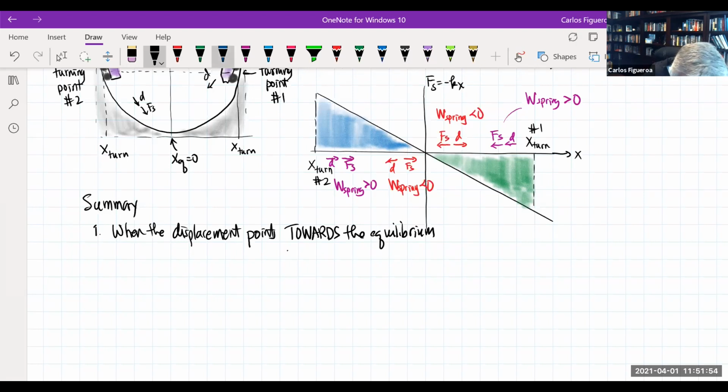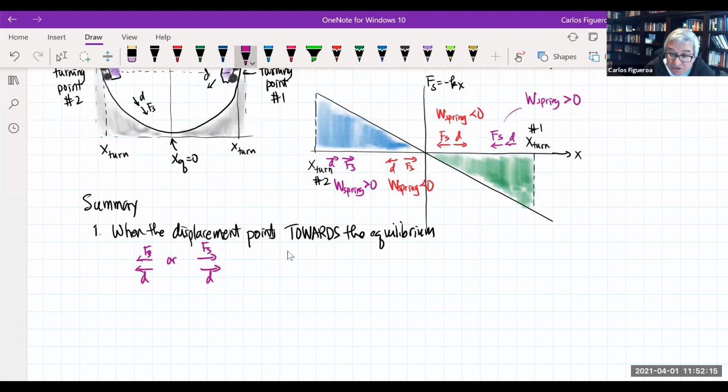If it points, that means here that I'm either going like this. The first case was that I had the spring force and the displacement like this, or I have it like this.